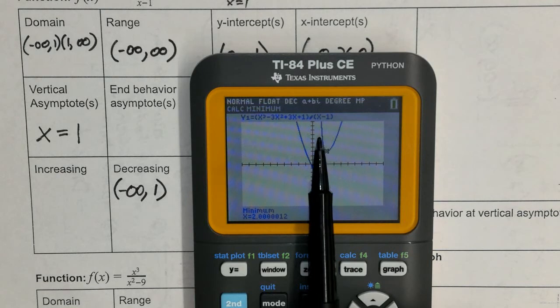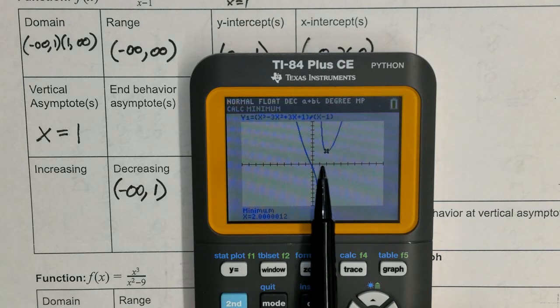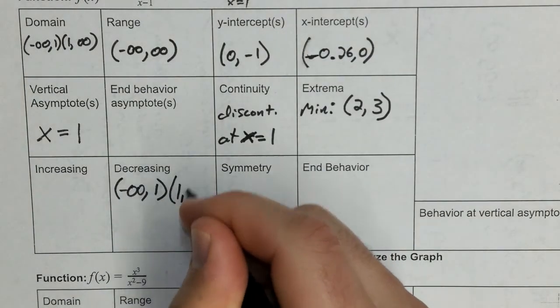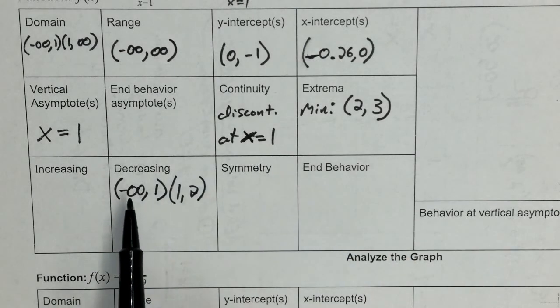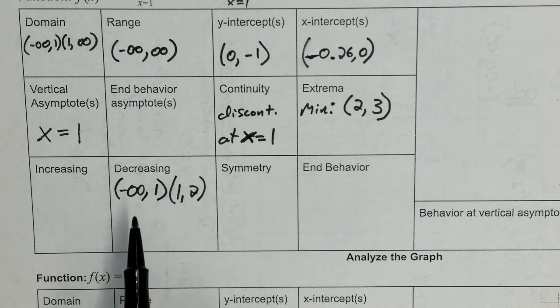As we move from left to right, it's falling, so it's decreasing until I get to x equals 2. Okay, so we'd write that from 1 to 2 it's decreasing. You would not include 1. You could not write one interval from negative infinity to 2 because 1 is not in the domain. It's not part of the graph. So you do have to write it as 2 intervals like this.